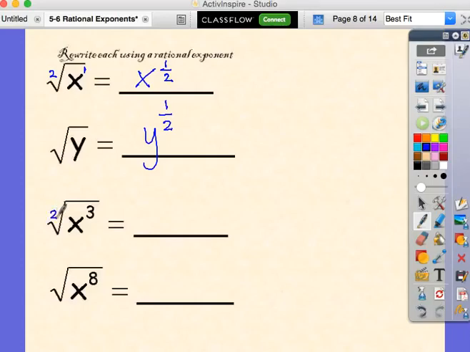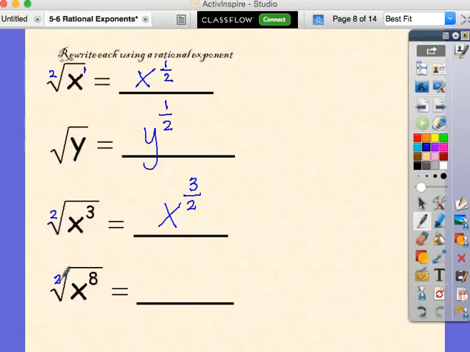Mind you, if there's not a root there, it's a 2. Kiana? It'd be x to the 3/2 power. Good. X to the 3/2 power. X raised to the 3/2. Don't turn it to a mixed number. Leave it as a ratio. Doesn't matter that it looks improper. That's okay.